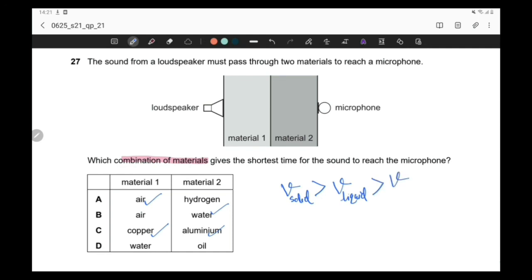So the velocity of sound in air is least. When we see the options, we can see copper and aluminium are both solids, so the sound will travel faster if we use these two metals as material 1 and 2. Therefore, the correct answer is option C.